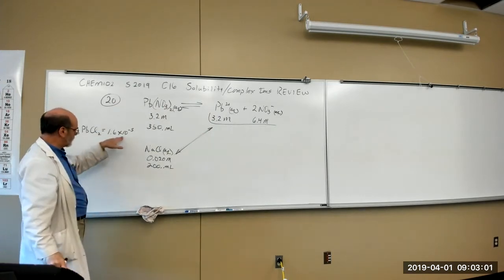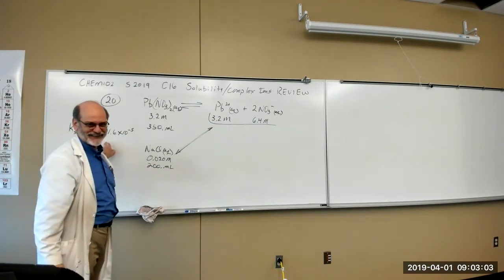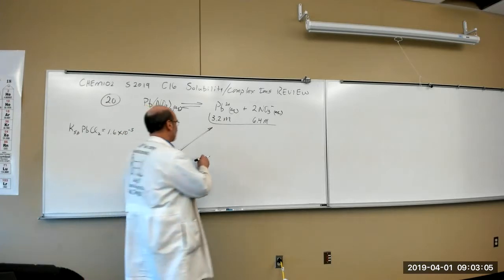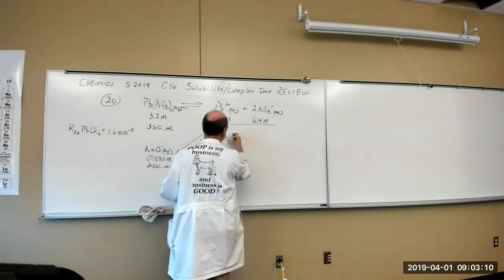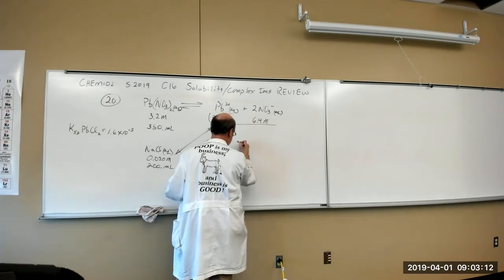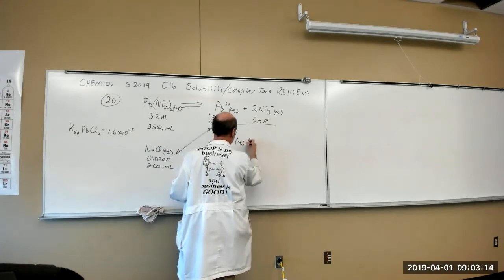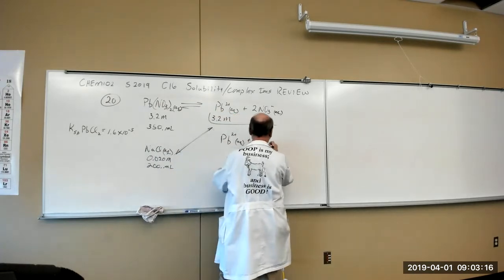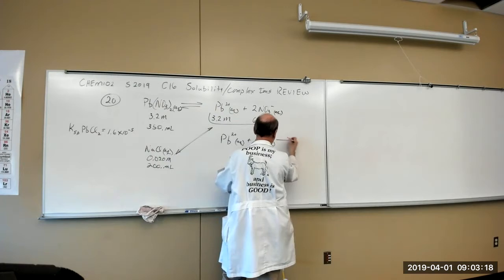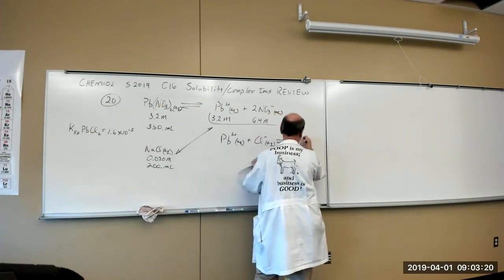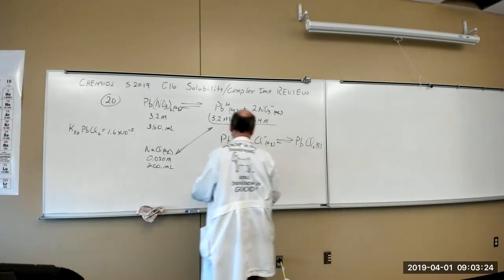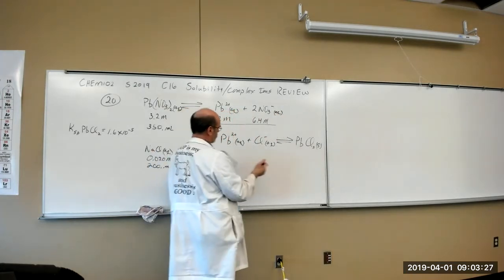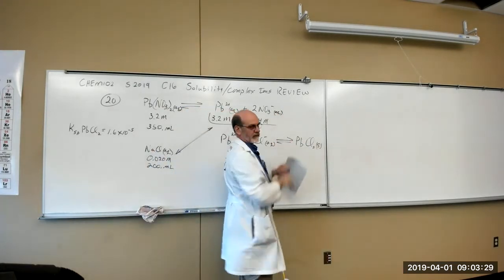But this is the solubility of that insoluble compound. Which means this one combined with that one yields that. And if you talk about solubility, then you just have to flip it. That's all.